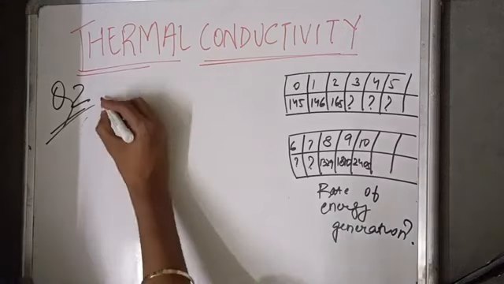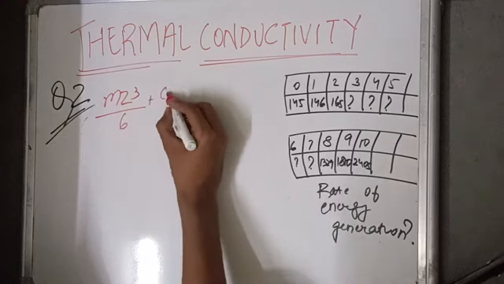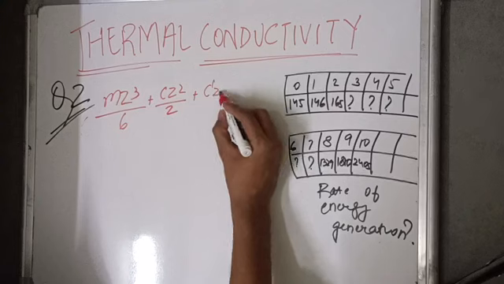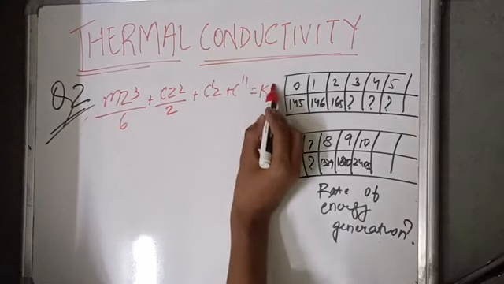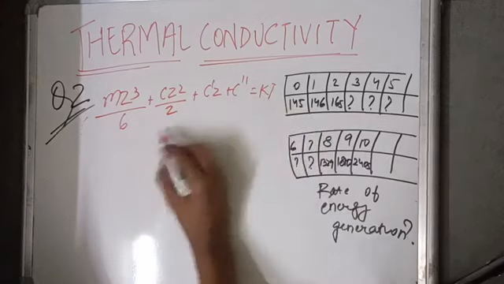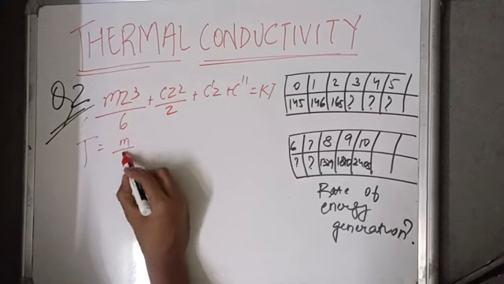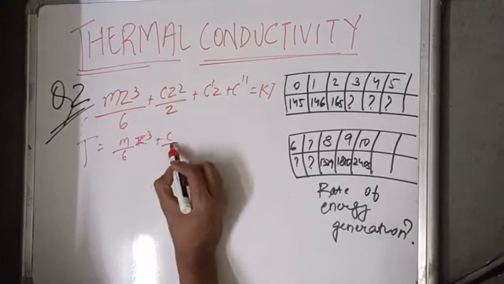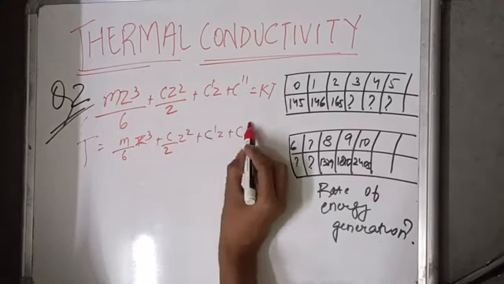We have got the equation mz cube by 6, cz square by 2, plus c dash z plus c double dash equals kt. Dividing by k, we get m by 6 z cube plus c by 2 z square plus c dash z plus c double dash.